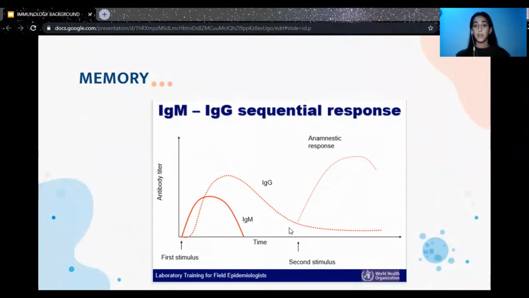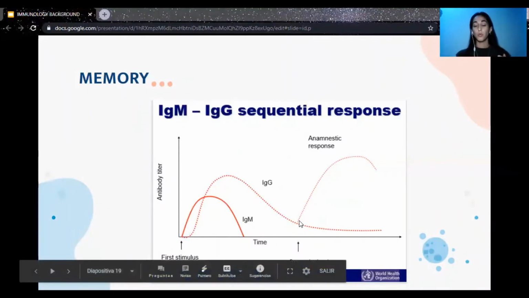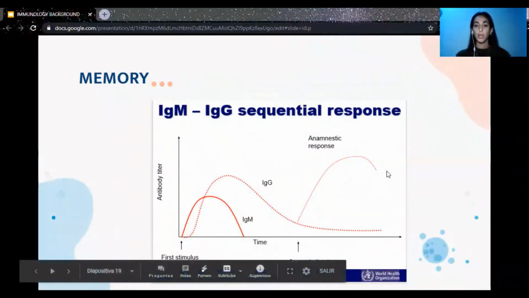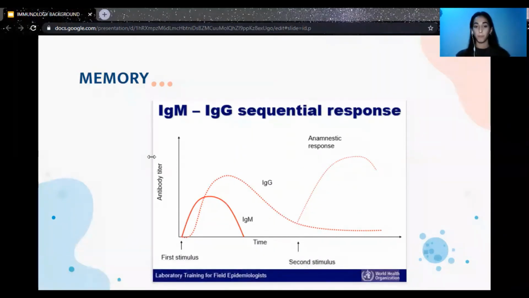So the B cells that were a memory backup before are now going to secrete higher amounts of IgG because they already know how to do it and they have enhanced that response against the virus. So here we can see the second titer of IgG after a second exposure is going to be higher, and it's going to be only IgG.